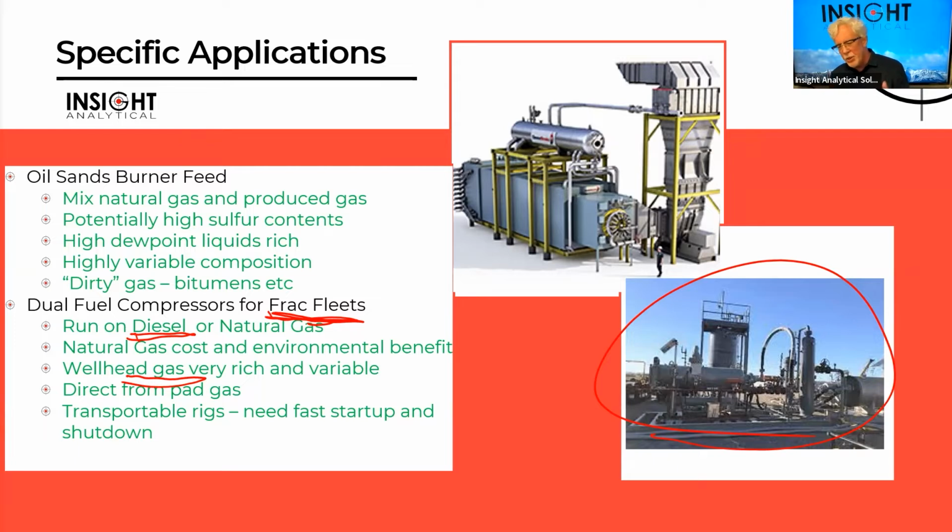What we'd like to be able to do is run these burners on the gas that's available at site. So if we can get that gas directly from the well pads and run these burners, it allows us to use a less expensive product that has less environmental emissions than running on diesel does, and doesn't require all these diesel trucks bringing in fresh fuel all the time. The fuel is available at site.